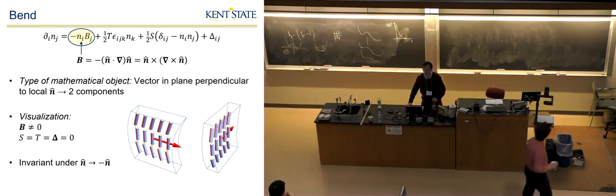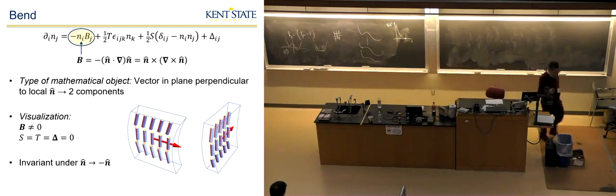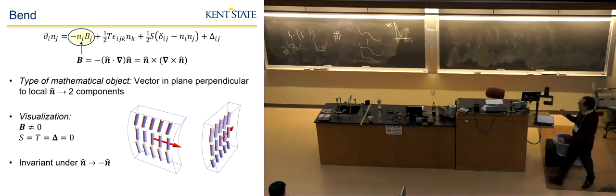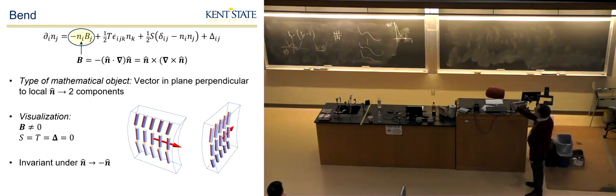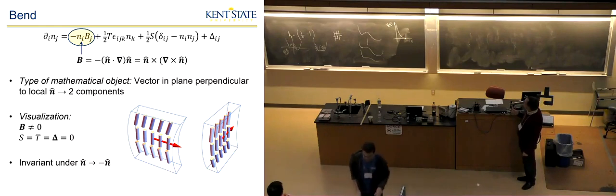Here I was just talking about how I break down the elasticity into these four modes, and for bend, one thing that I want to emphasize is that the mathematical definition of bend is even in powers of n, right? It has 2 powers of n right there.